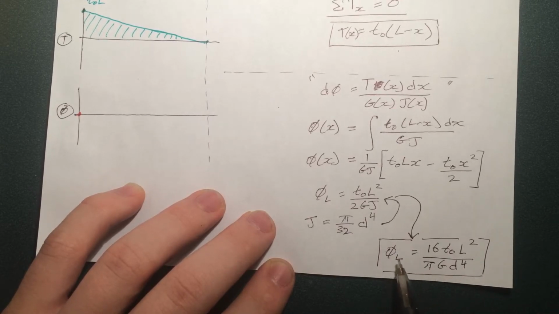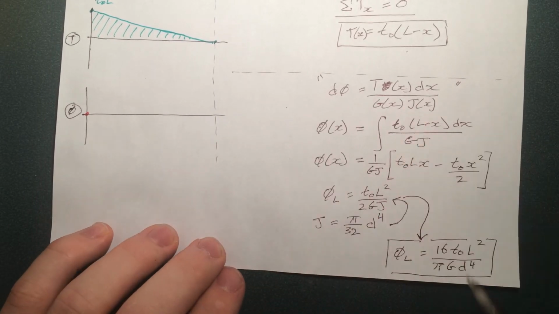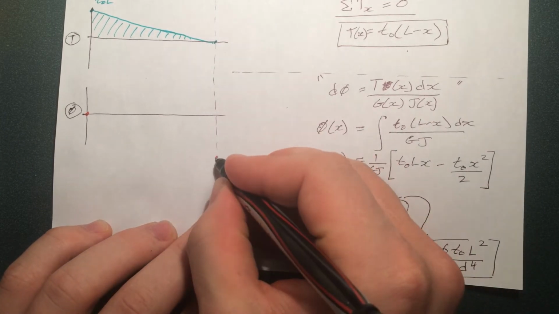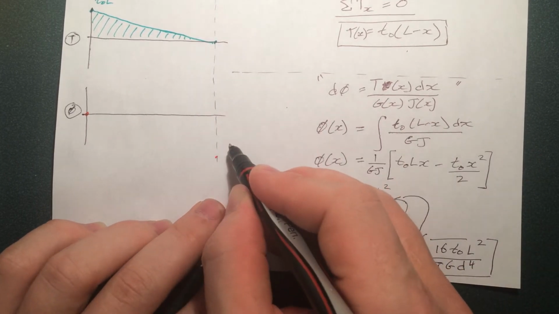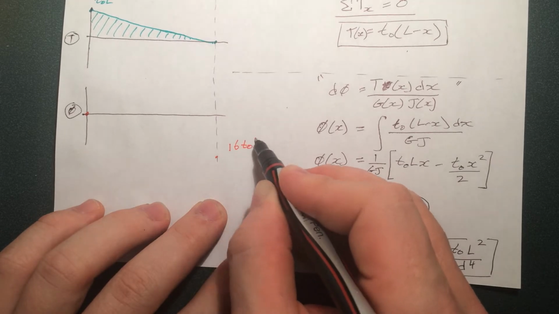Okay, so this gives us the value at the very end. So we can label that point right over here, give it the value 16 T naught squared.